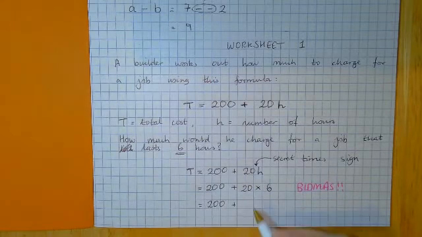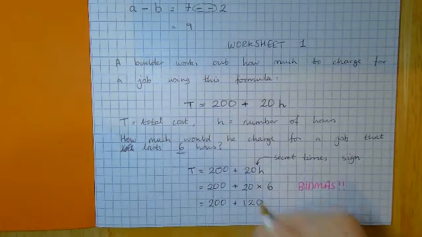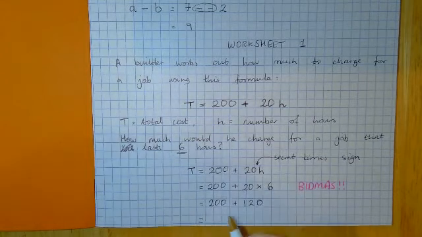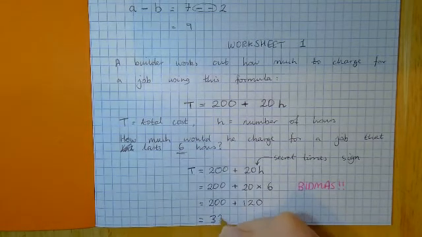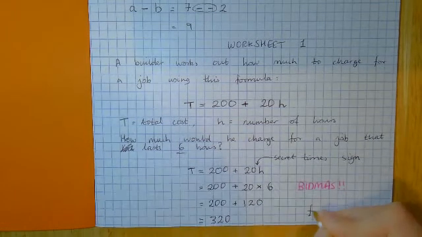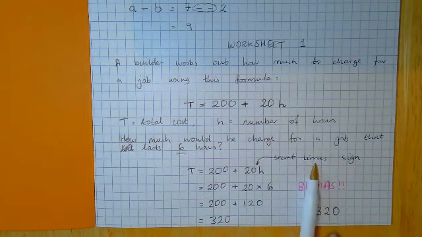So let's leave the 200 there. What's 20 times 6? Well, I know, let's do 2 times 6, which is 12. And then I need to put the 0 on. And then let's work out what this is. So 200 add 120 is 320. So he would charge £320 for a 6-hour job.